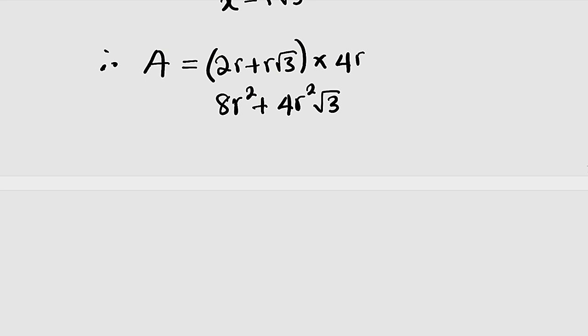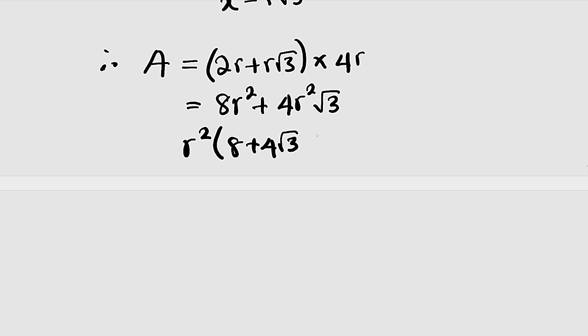Now, what is r? Remember, r is 24. So this is 8 multiplied by 24 squared plus 4 times 24 squared root 3. Or let us make it very simple because we have common r's. Let us bring it outside. So this is r squared, inside we have 8 plus 4 root 3.